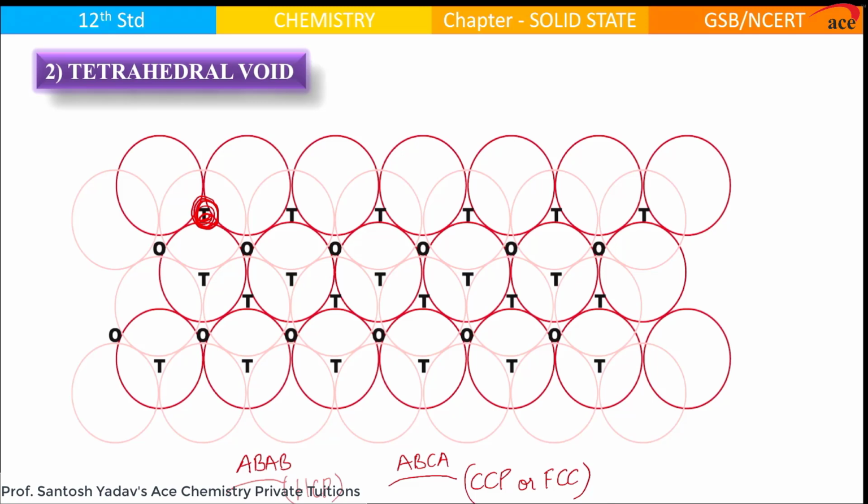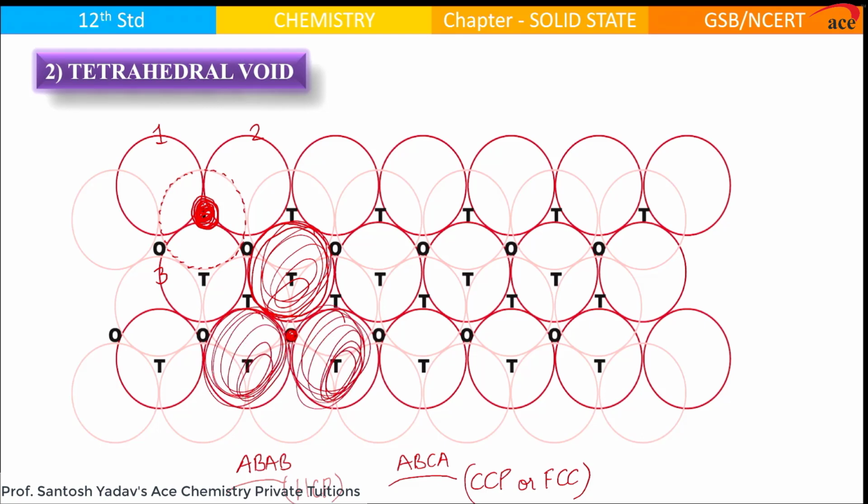Now, what is a tetrahedral void? If this is taken as sphere number 1, sphere number 2 and sphere number 3, you can see the dotted one, which is a sphere below. The void present between these four spheres is called a tetrahedral void. Now, for an octahedral void, if I shade this one, you can see there are three spheres below, which I am shading differently.